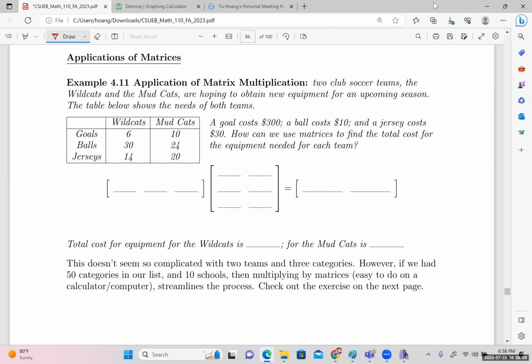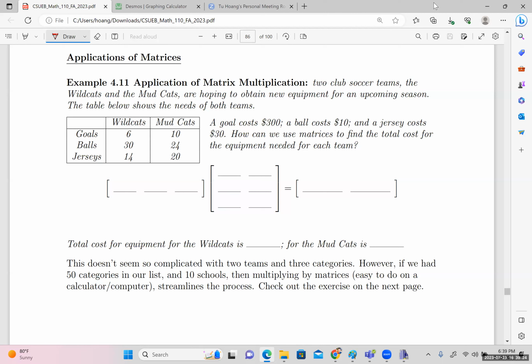So we have example 4.11, application of matrix multiplications. We have 2 club soccer teams, the Wheelcast and Mudcast, hoping to obtain new equipment for an upcoming season. The table below shows the needs of both teams.